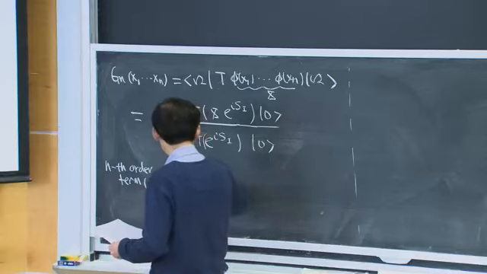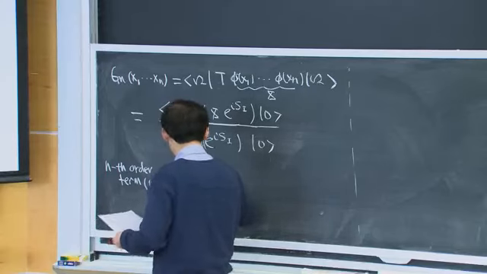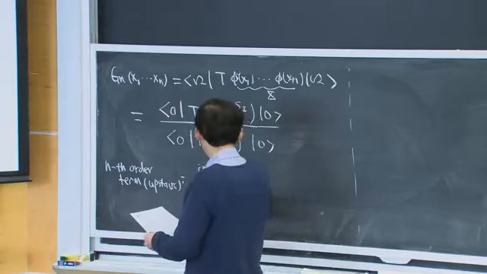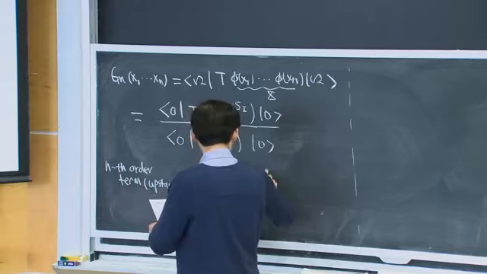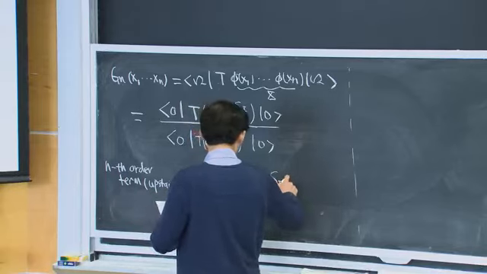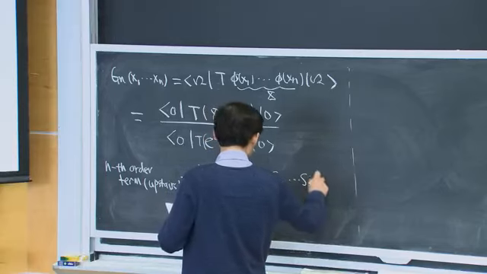You have i to the power n over n factorial. Then you have T, the product of φ(x), then S_I to the power n. Okay.